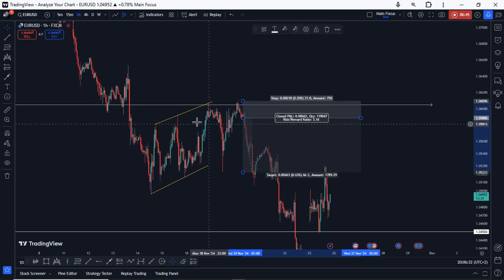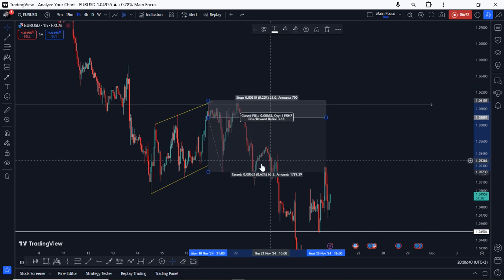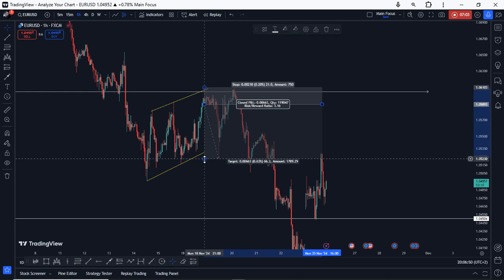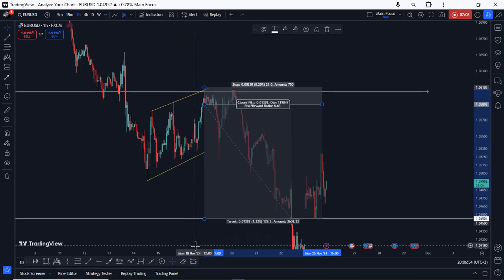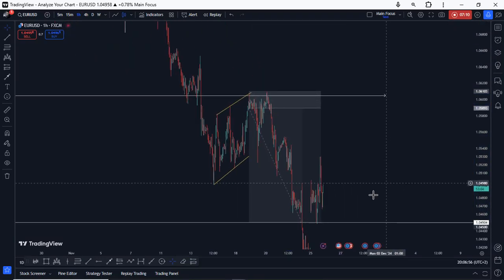Beautiful. Entered on this pin. I entered after, which was the second candlestick after the pin bar, and price ran for 3%, and I had locked in my stop into break even, and price took me out on break even.